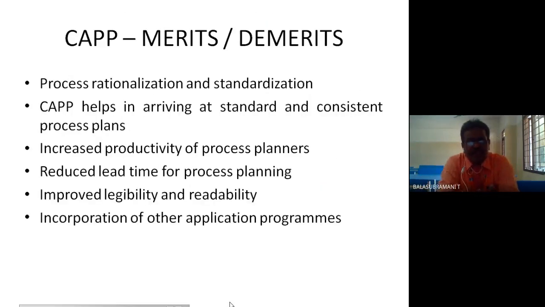In computer-aided process planning, we have some merits and demerits. In that way, we have process rationalization and standardization. Rationalization means whatever the process, whatever the part, whatever the dimension should be accounted for. Standardization means your part or your product should be compared with one standard part. That means you make only a 12 mm thread.